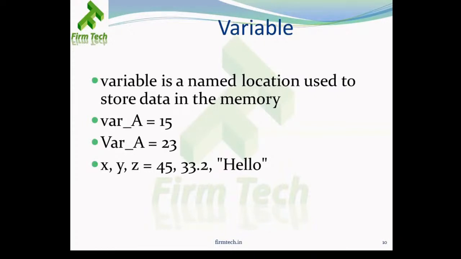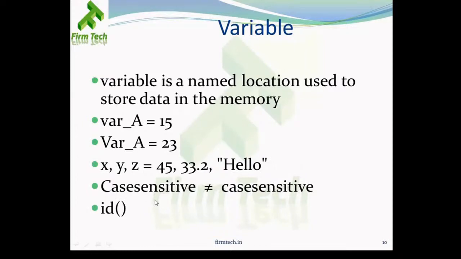Variable x will be assigned 45, variable y will be assigned 33.2, and variable z will be assigned the string hello. And already I have said that these are case sensitive. So small var_a is not equal to capital Var_a. That's what it remains as.